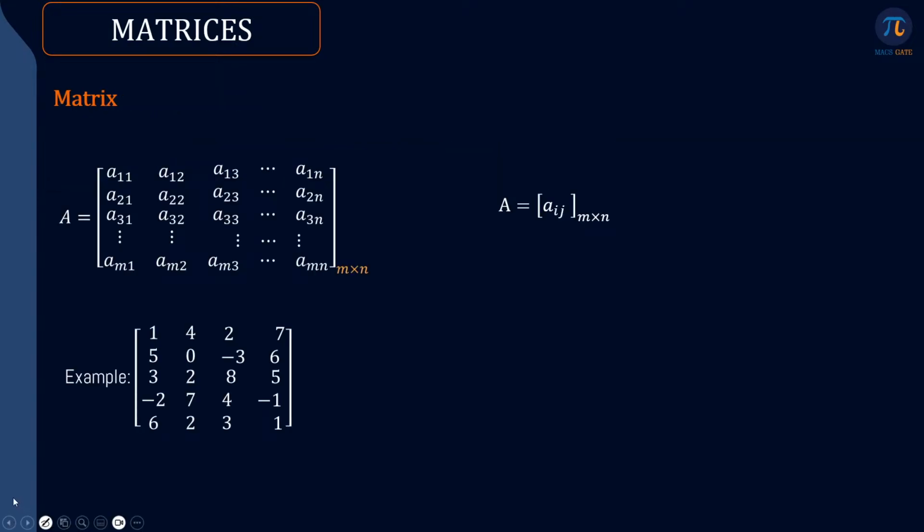First of all, what is a matrix? A matrix is a rectangular array of elements. Here elements can be anything, but we are only interested in numbers.